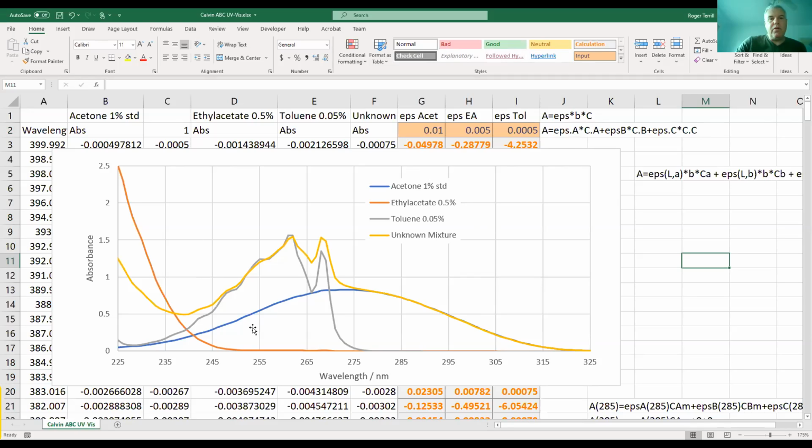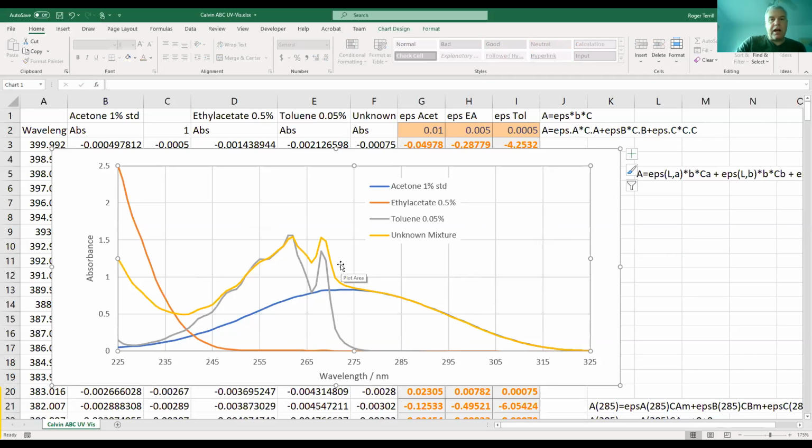So if you inspect this, if you just look at the legend there, tell me how much of any one of these three components makes up this golden spectrum here.